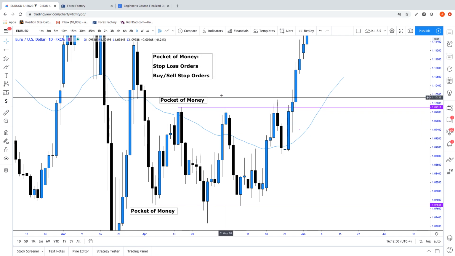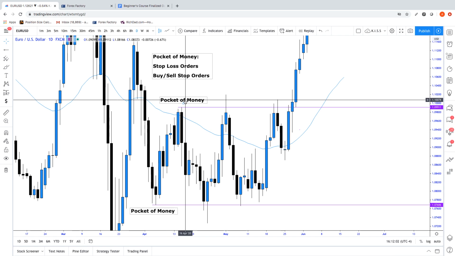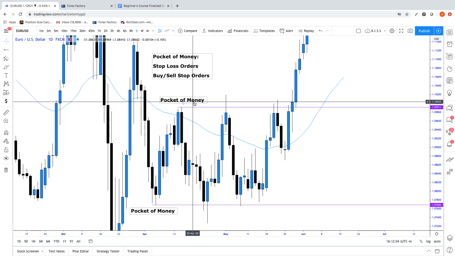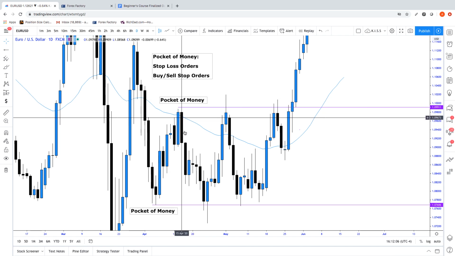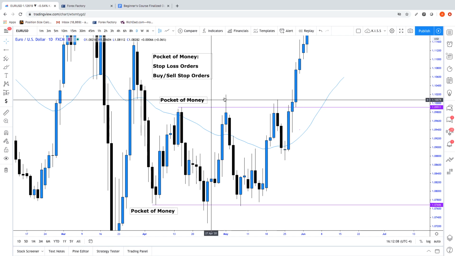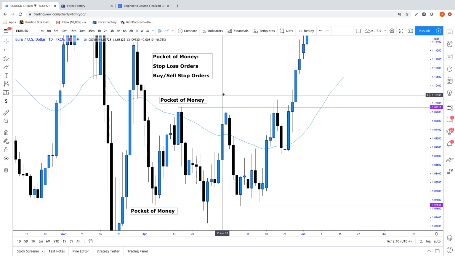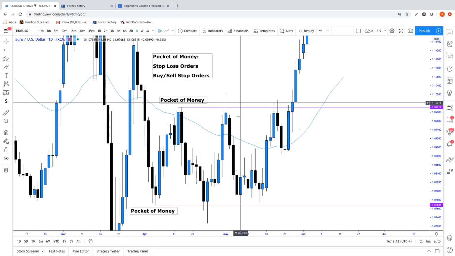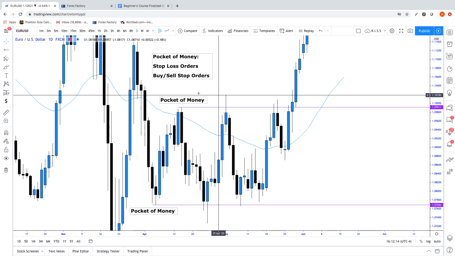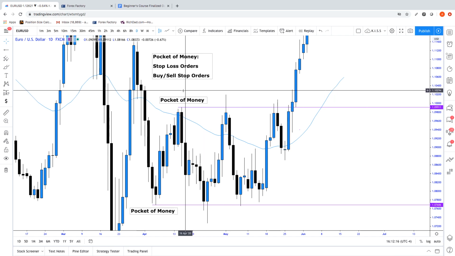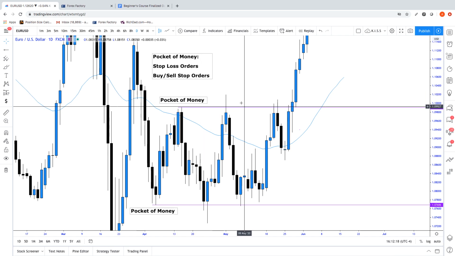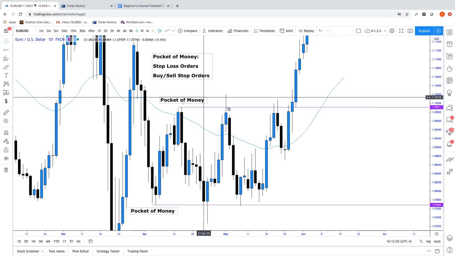A lot of people who placed their stop loss orders above the high because they sold it have had their stop loss triggered. They've lost their money. The banks have purged the pocket of money, have swept liquidity.